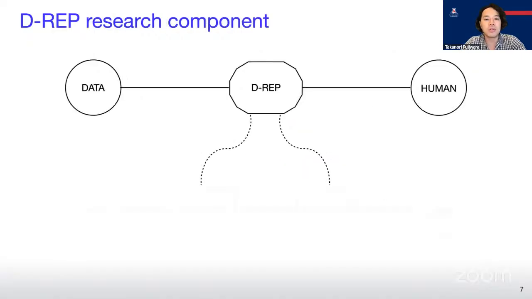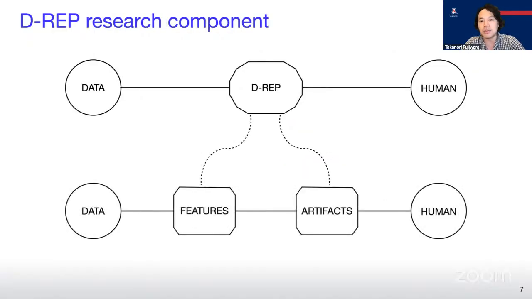We think data representation can be further decomposed into two parts. One is features, another one is artifacts. And we label each process to connect data and humans as process, build, and evaluate. And we extensively research each of these steps.